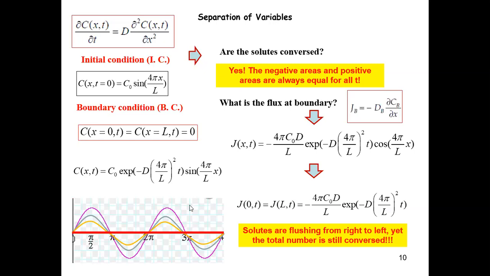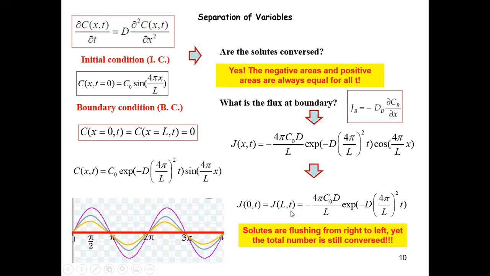But how can this be reconciled with the fact that the solutes are conserved? Well, one scenario for conservation of solutes is that you have no flux at the boundary, and the other is that you have an equal amount of particles flowing in one direction and flowing out in the other direction. I don't care what's happening within the box, as long as I put in the same amount of atoms as I take out, I still have conservation of total atoms within this particular domain.